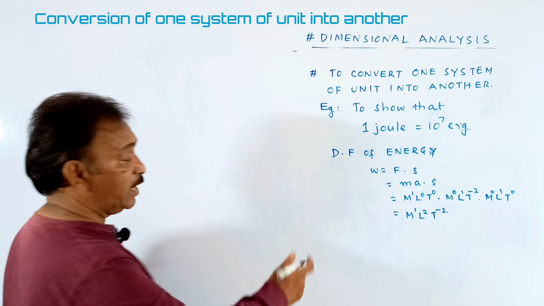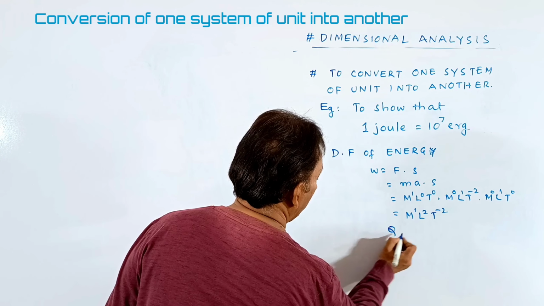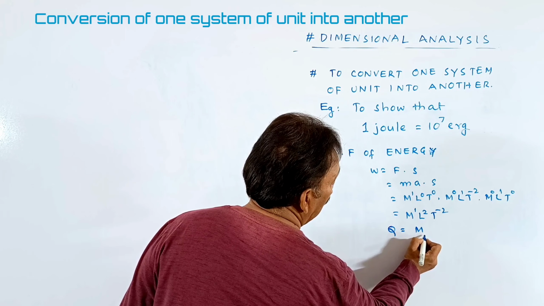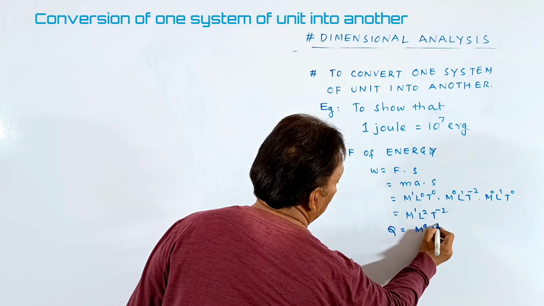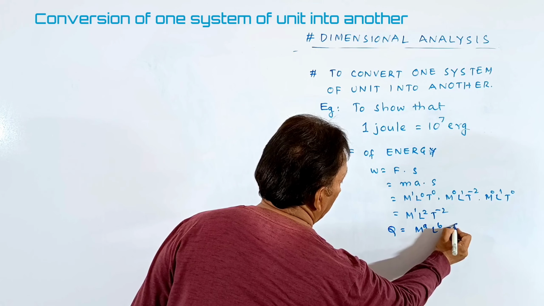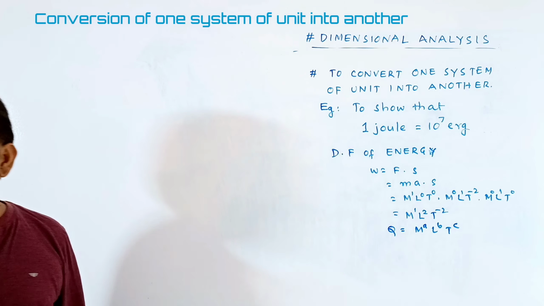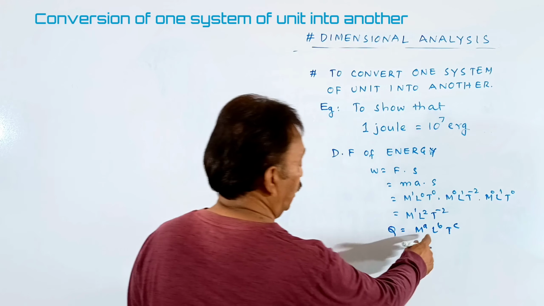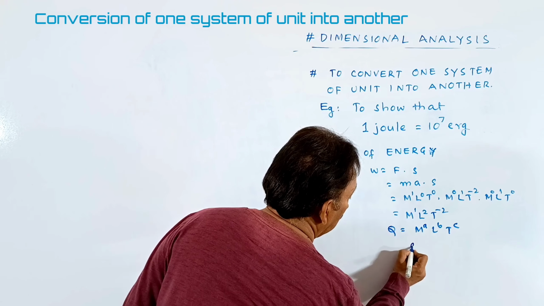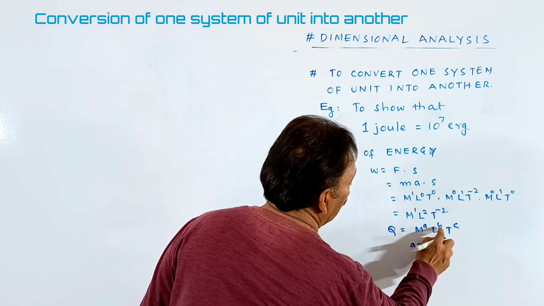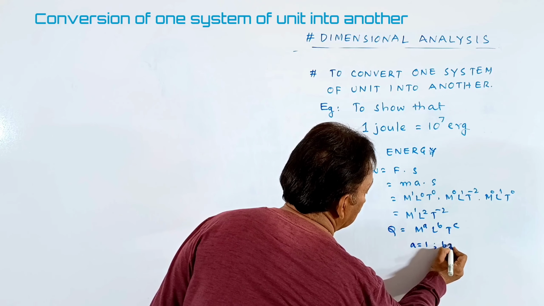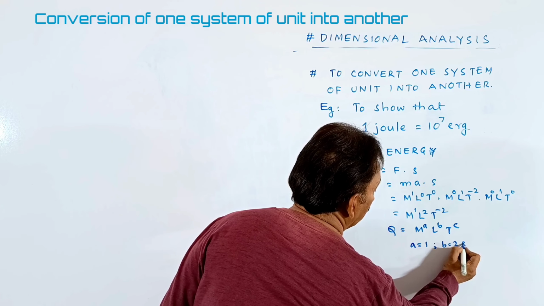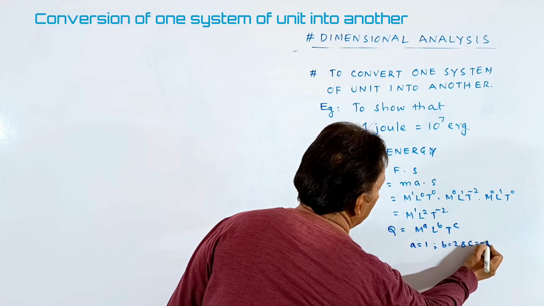I'm writing in the standard form. I told you the dimension equation: Q is equal to M to the power of a, L to the power of b, and T to the power of c, where a, b, c are the powers. If we compare with this, you will get the power of mass is 1, power of length is 2, and c is equal to minus 2.